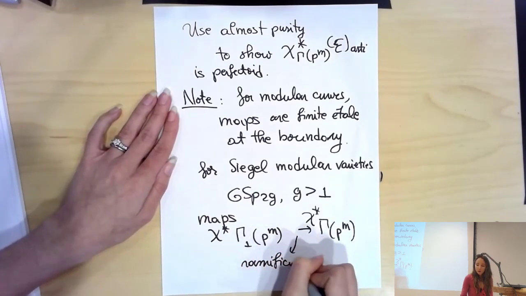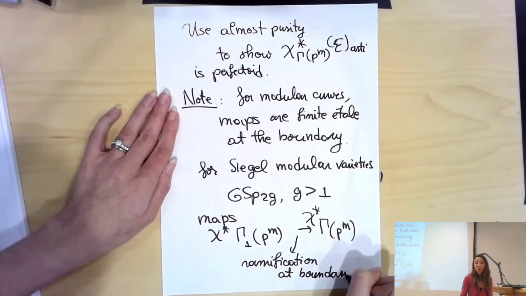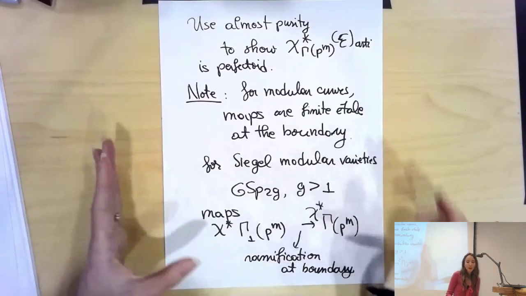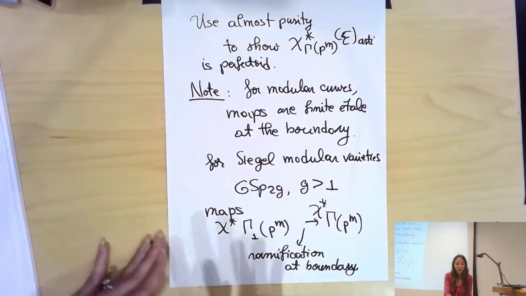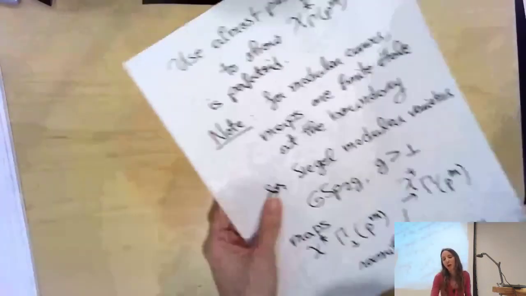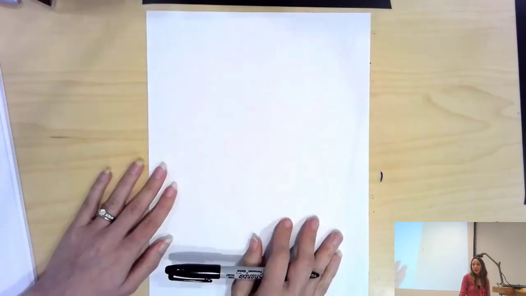And so this is a very tricky point in the construction of Galois representations, and it can be solved. You still use almost purity on the open space, but I'm not going to say more about it, other than that there is something genuinely hard to do in the higher dimensional case. But you can compute cusps on this anti-canonical part and check that you do have finite étale maps for modular curves. Okay, so that was step 2.